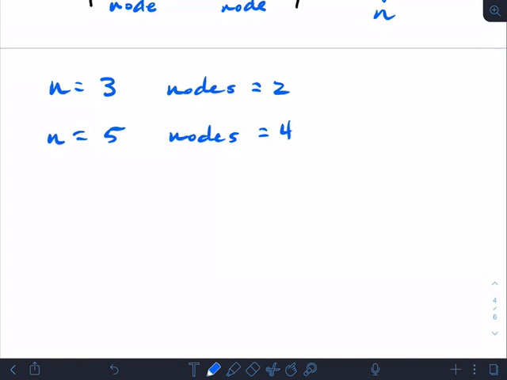Now, what we do is we take this and use a thing called psi. Psi is what we call a wave function, a wave equation that describes a matter wave.